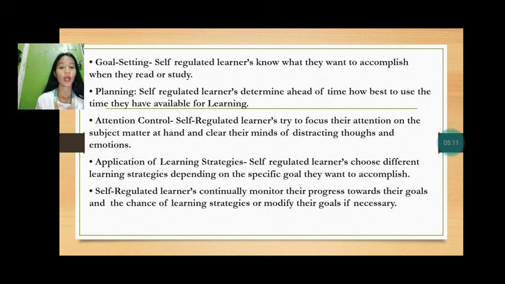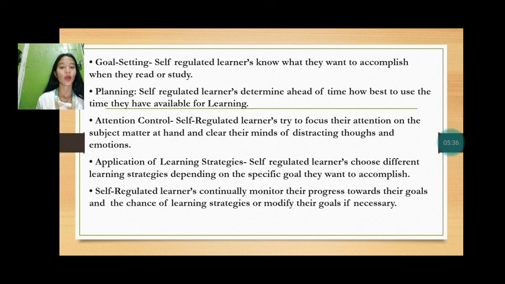The next one is application of learning strategies, where self-regulated learners choose different learning strategies depending on the specific goal they want to accomplish. So regulated students will choose learning strategies on how to accomplish the goal.